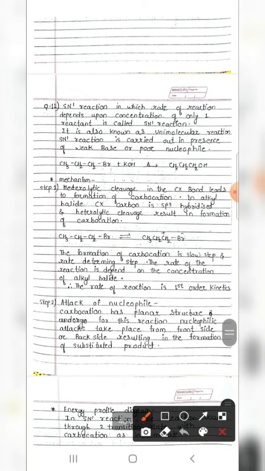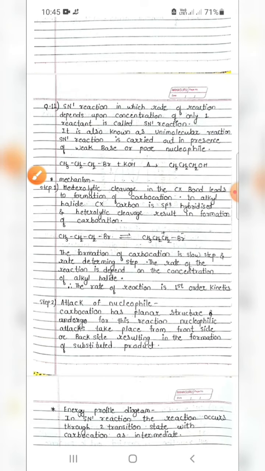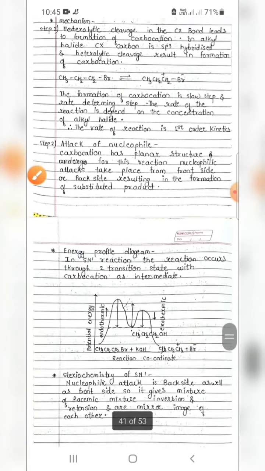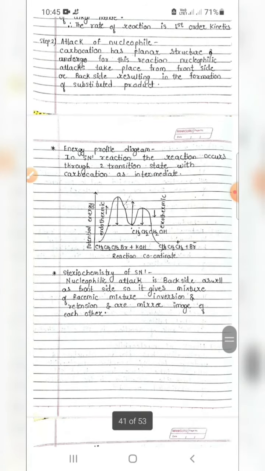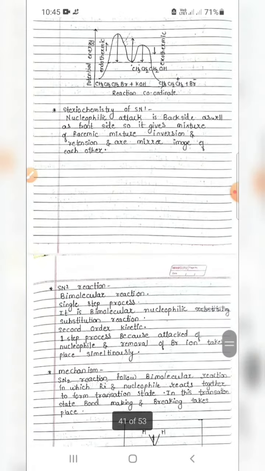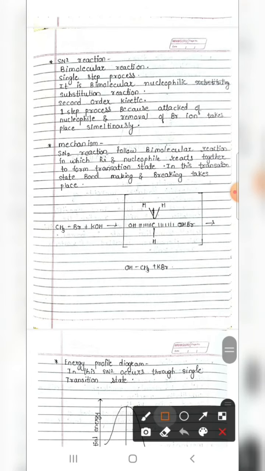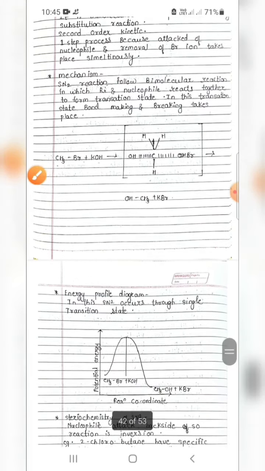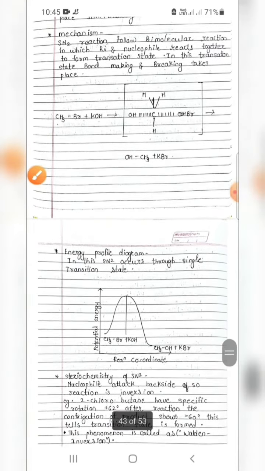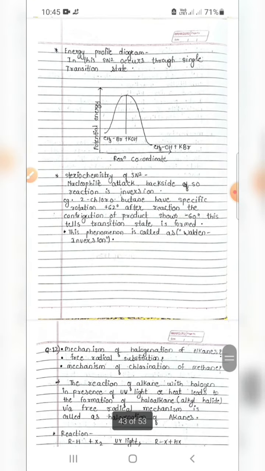Then next question, that is SN1 reaction with its mechanism. Then you have to also explain energy profile diagram in SN1, stereochemistry of SN1. Then next question, that is explain SN2 reaction with its mechanism. In that also same like SN1, you have to discuss its mechanism, energy profile diagram, and stereochemistry of SN2.